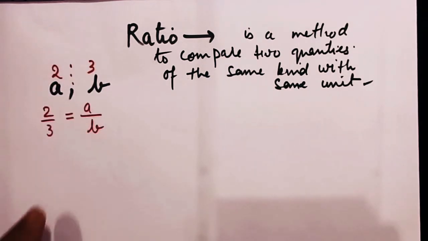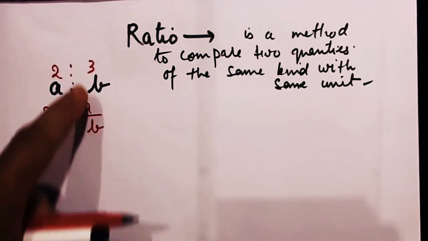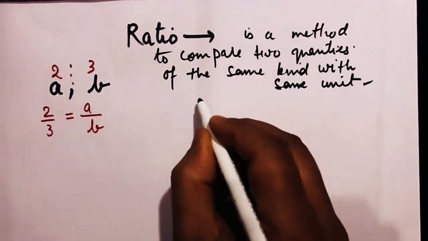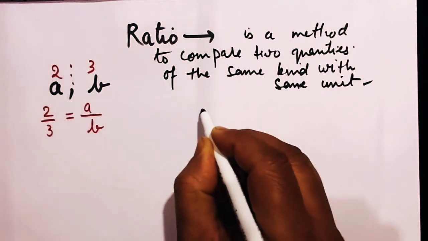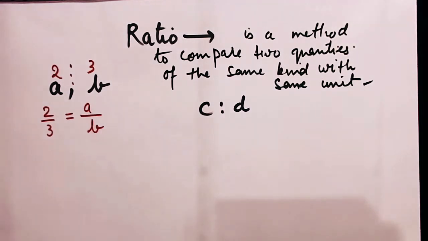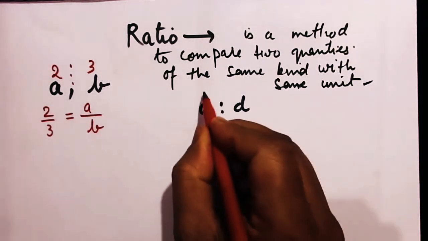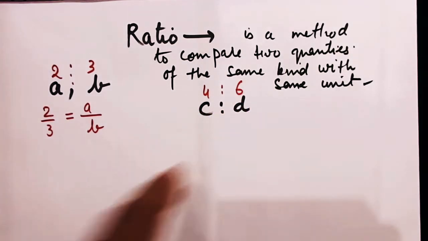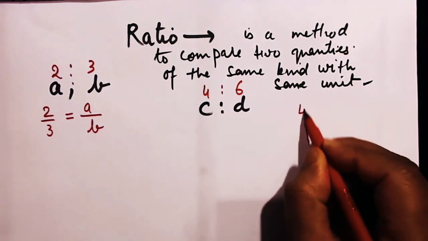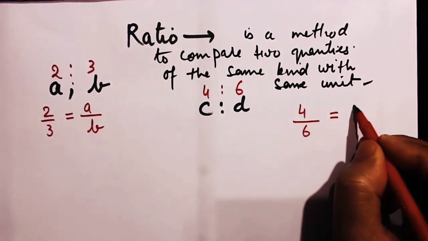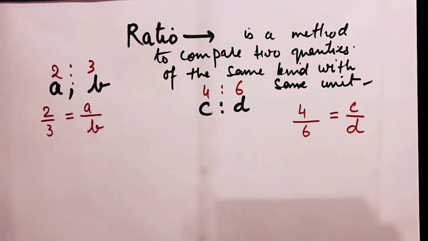Now, if 2:3 can be written as a by b, you can also write another ratio 4:6 as c:d. This means 4/6 can be written as c/d.